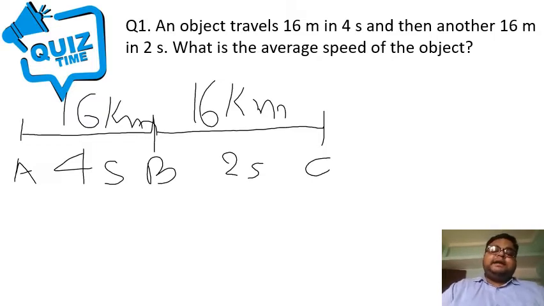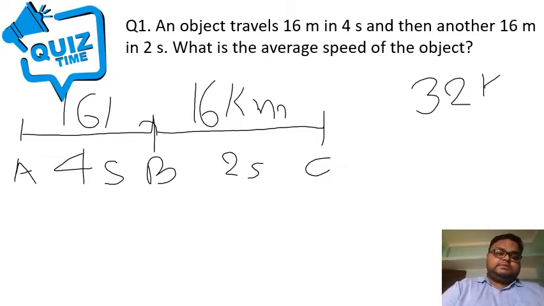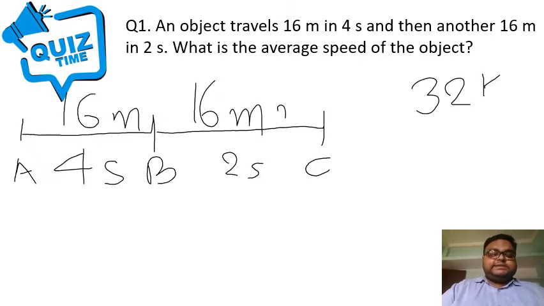We know that the average speed equals what? Average speed equals total distance by total time. So the total distance is what? 16 plus 16, that is 32 meters.